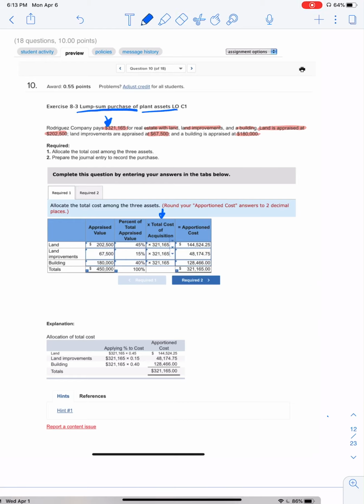Then for each one, so we'll take land for example, we'll take the appraised value, we'll divide it by the total value of $450,000, and we'll see that that comes out to be 45%, and we'll do that for each of the other two as well.